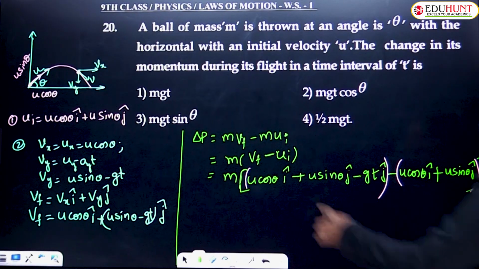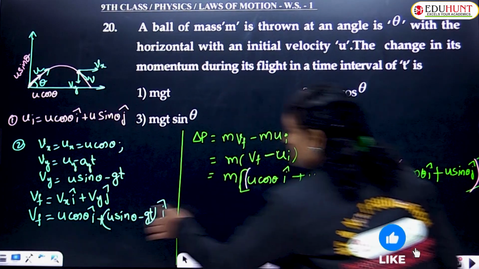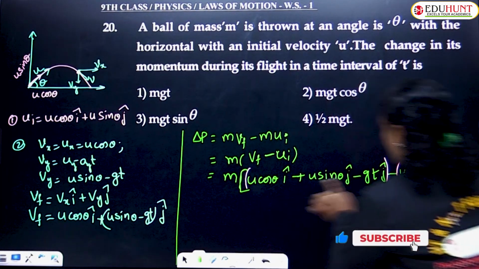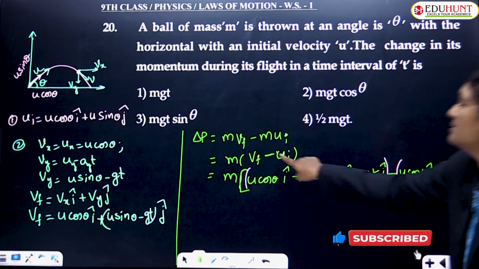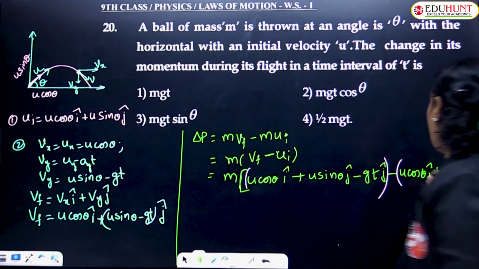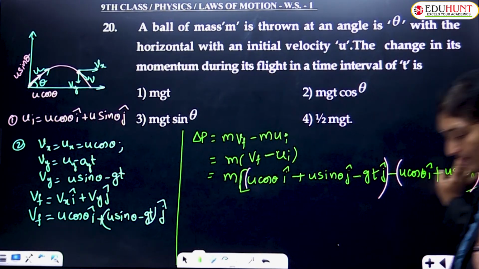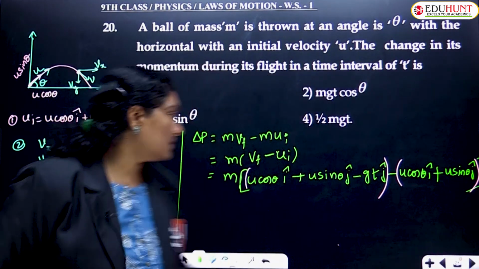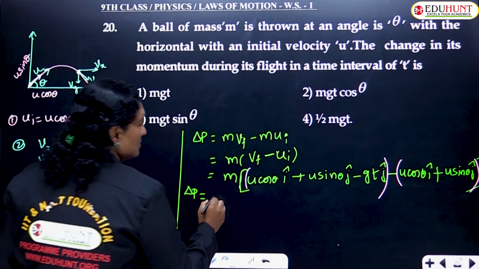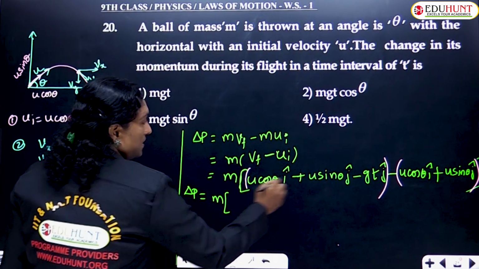Is that clear? So Vf is u cos theta i cap plus u sin theta j cap minus gt j cap, and with the minus symbol, ui is nothing but u cos theta i cap plus u sin theta j cap. Further solving, the change in momentum is equal to m into this.